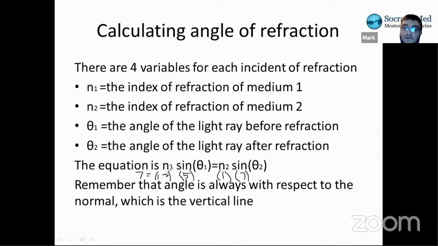So that means if you're going from a substance that has a higher n1, say water, into a lower one, say air, which has 1, so going 1.3 to 1, you know that the angle goes from 5 to 7. If the index decreases, the angle increases. If the angle of incidence going from water to air was 80, the resulting angle could be 90, could be 100.